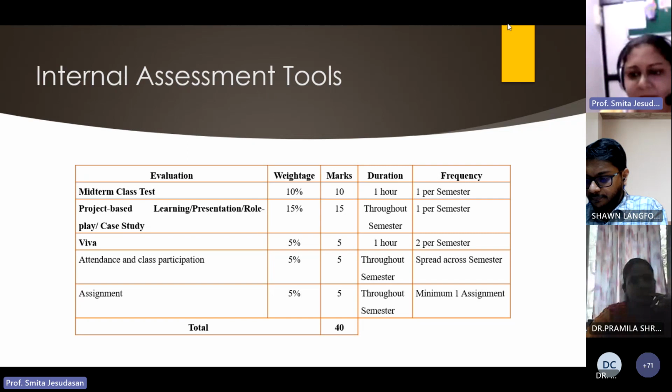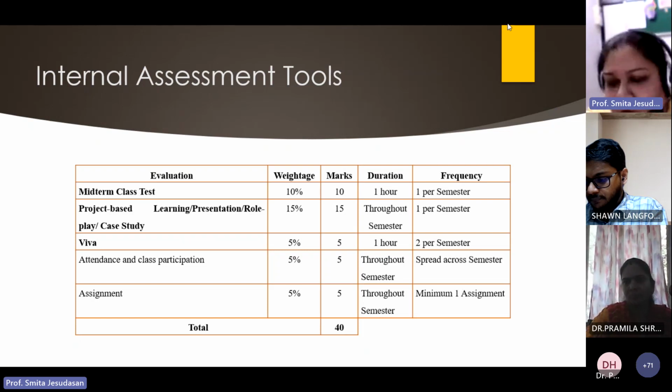Excuse me, ma'am. The direct assessment tool, you showed attendance. How do you measure that? Attendance also has weightages, marks are there? See, it varies from institute to institute, because some give credits for attendance. So it depends upon the criteria decided by you.